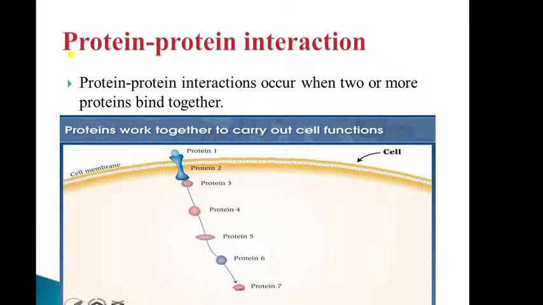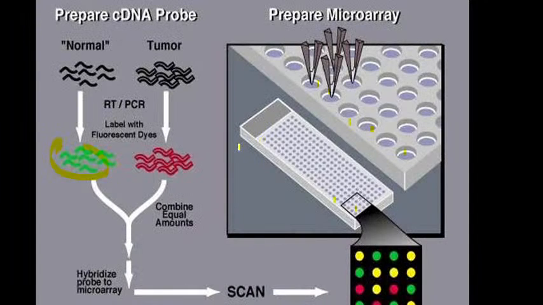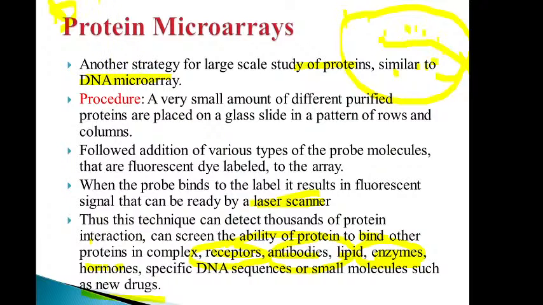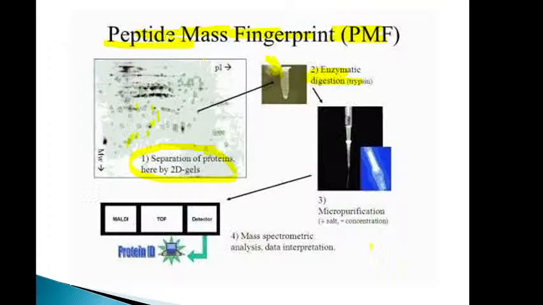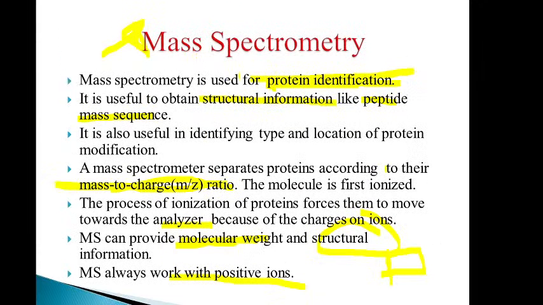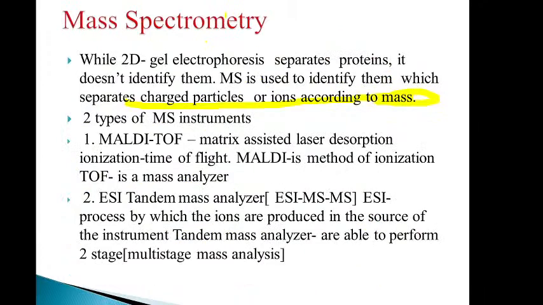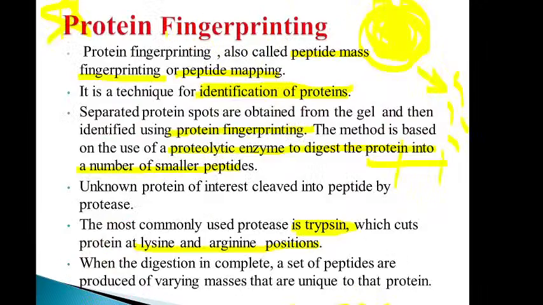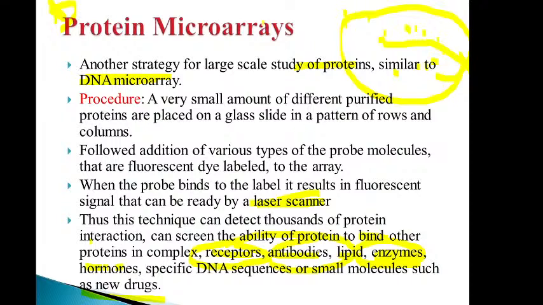Then we have protein-protein interaction. But first, let me revise all these things. We have microarrays, we have fingerprinting, we have mass spectrometry. All these are for the separation of the proteins plus identification of the proteins. We have gel electrophoresis for the separation, but we have mass spectrometry, protein fingerprinting, and microarrays for the identification of the specific protein.